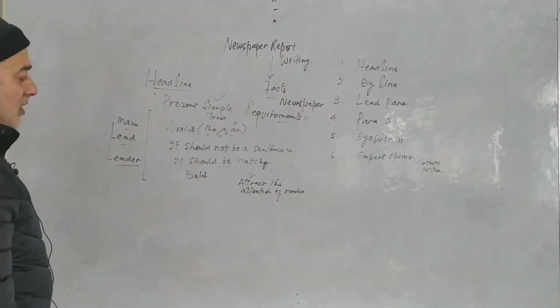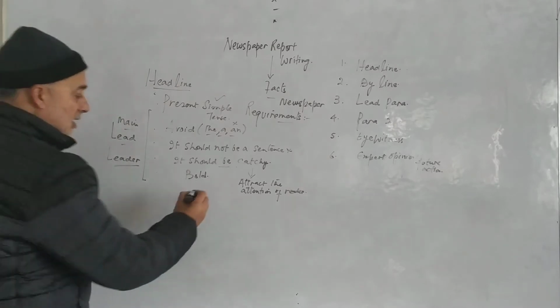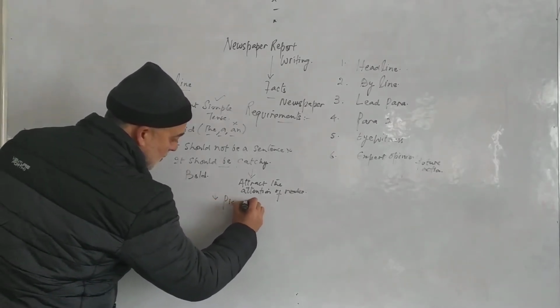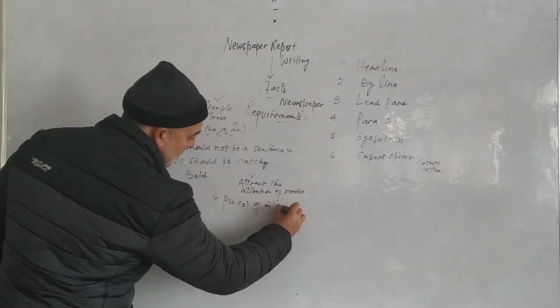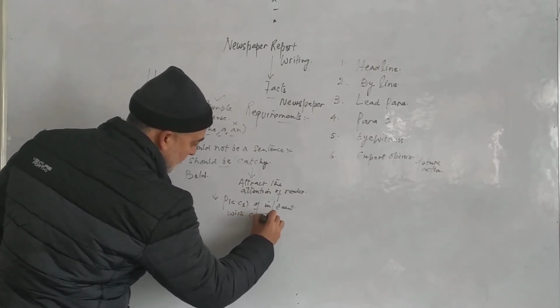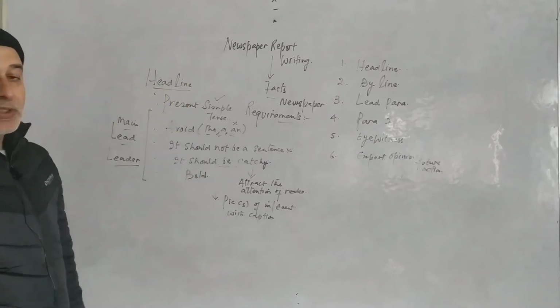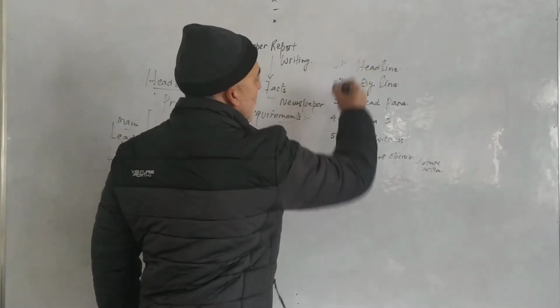Apart from it, if you are talking about a professional news headline, it is followed by a picture or pictures of the incident or the event with a caption. It adds authenticity to the newspaper report. So this is what headline is all about.